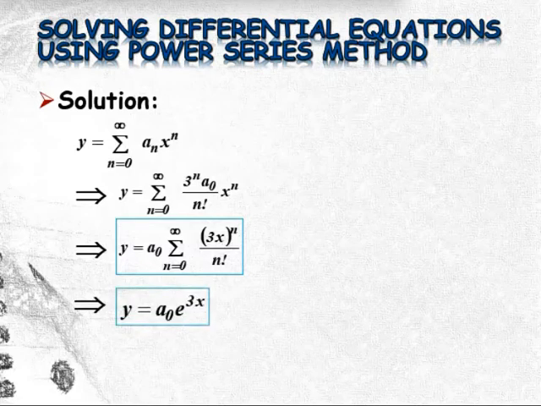And finally, relating our solution to our previous discussion, we can say from Taylor series that this expression is equivalent to the exponential function given by y equals a sub 0 times e raised to 3x.